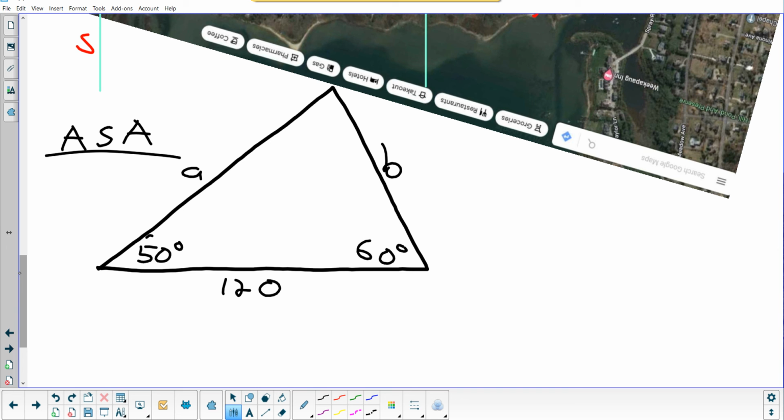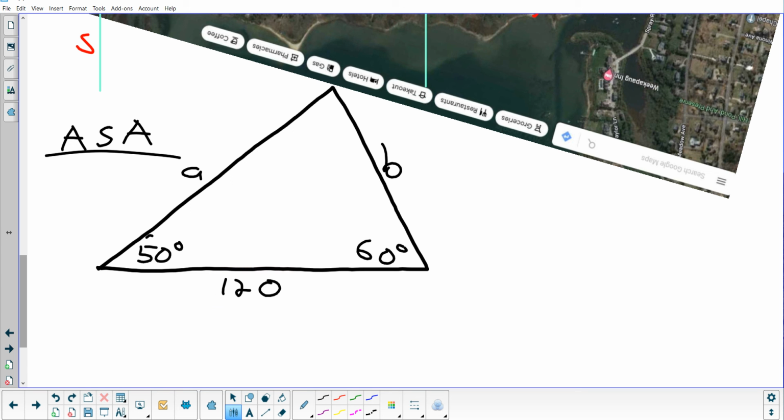I've labeled everything that's given, but there's one more thing I can find pretty quickly. I can get the other angle at the top. I know they didn't ask for that angle, but I don't know how you're going to do this problem if you don't find it. You have to know the angle and the side across from it.